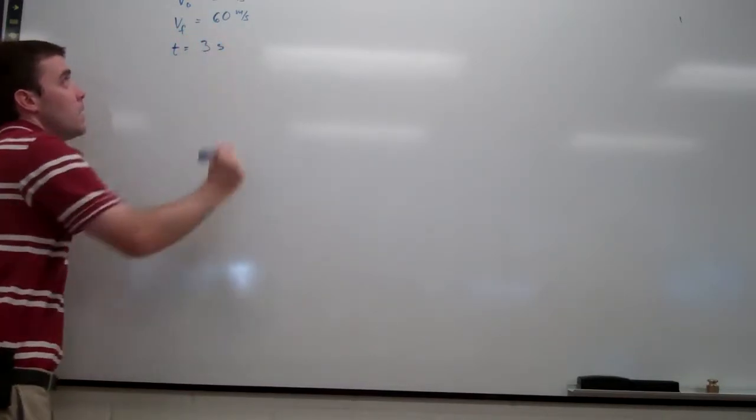Alright, so once you write down what we're looking for and the variables we know, which of those 5 equations over there can we use? What equation can't we use since there's acceleration? First one. Alright. Which of those four equations over there has the variables that we have here?